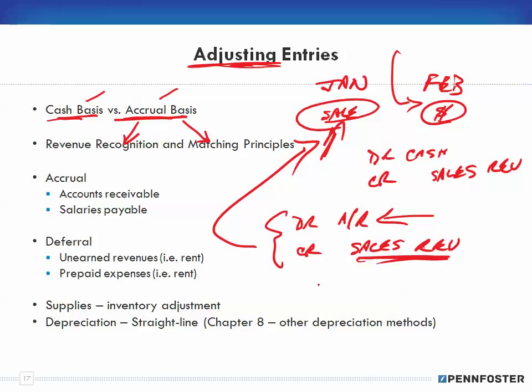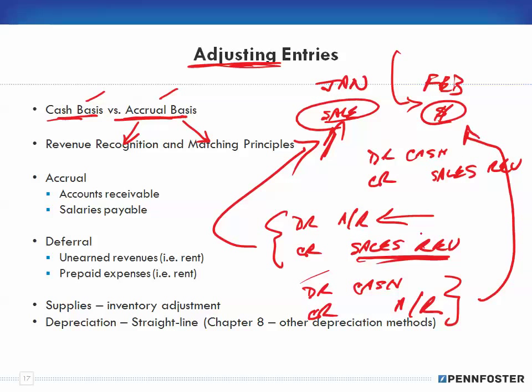So this is an accrual. We're saying we're going to show this at a different time. Then in February the person pays cash, so we debit our cash and credit our accounts receivable. That entry is made in February. So we recognize the sale in January, but we recognize the cash received in February.